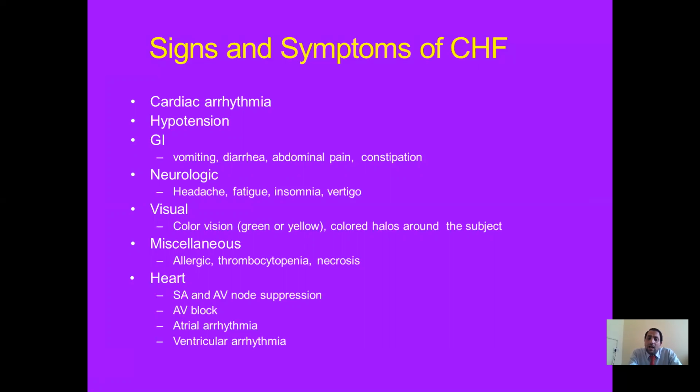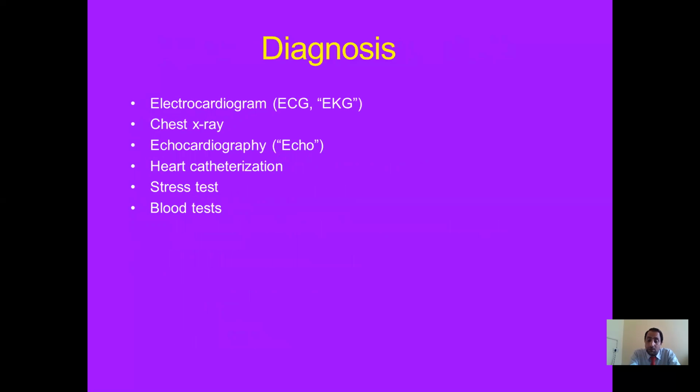In vision, it causes color vision changes and colored halos around objects. Miscellaneous signs and symptoms of congestive heart failure are allergic reactions, thrombocytopenia, and necrosis of the cell. In the heart, it also causes SA node and AV node suppression, AV node block, atrial arrhythmia, and ventricular arrhythmia.